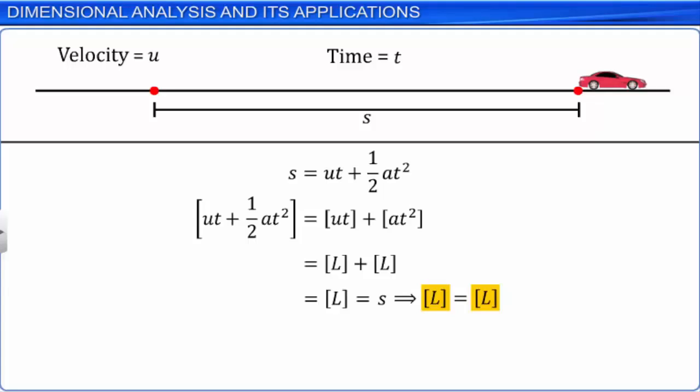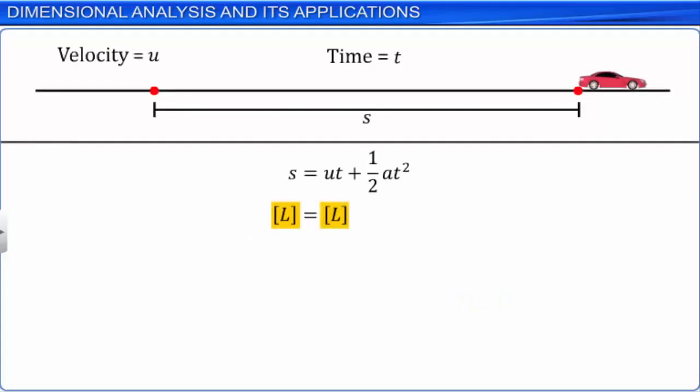This proves that the equation is correct. It is very important to note that physical quantities represented by symbols on both sides of a mathematical equation must have the same dimensions. This principle is called the principle of homogeneity of dimensions and is useful in checking the accuracy of an equation.